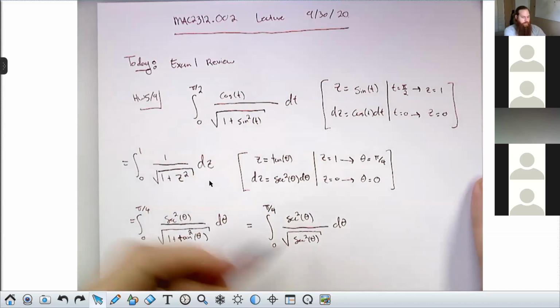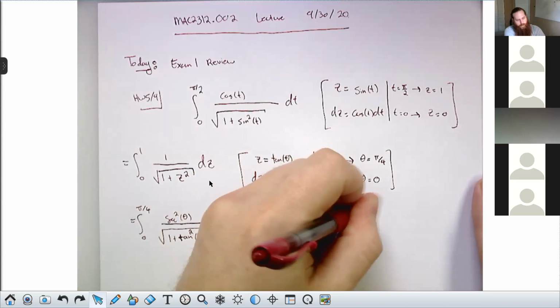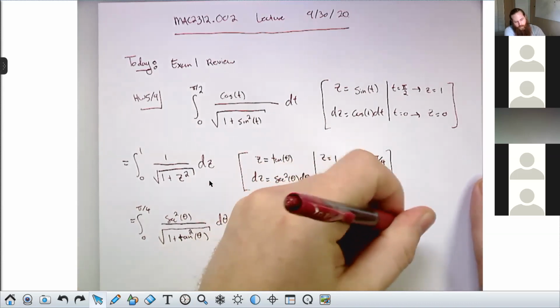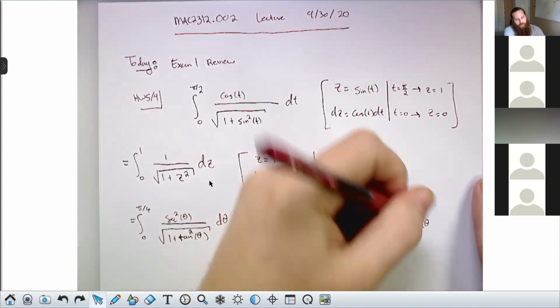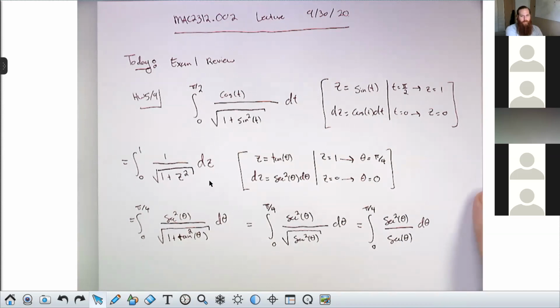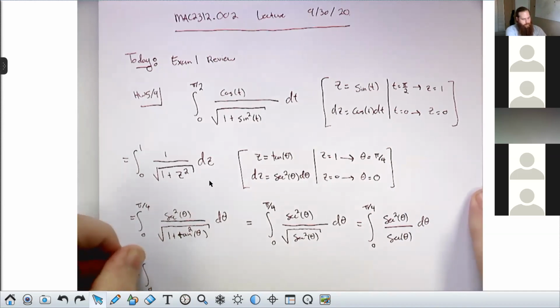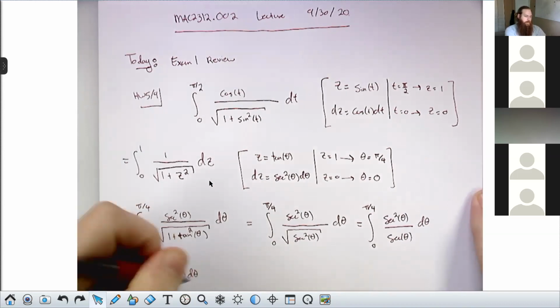And of course, the square root of secant squared is secant. So this is the integral from 0 to pi over 4 of secant squared theta over secant theta d theta. And you can cancel one of the secants. So what's left is just the integral from 0 to pi over 4 of secant theta d theta.